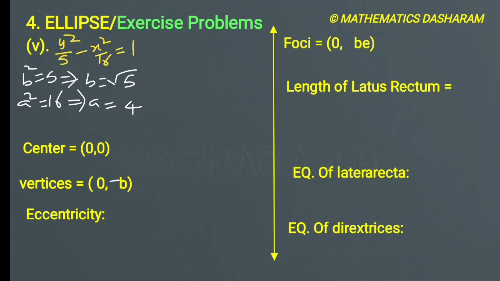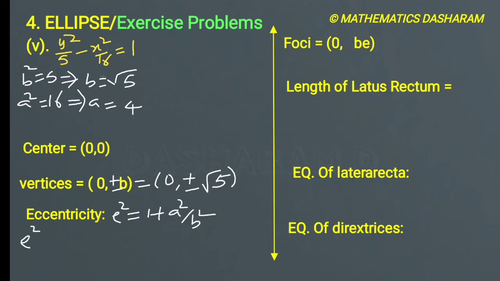Next, vertices plus or minus 0 comma b, so it equals 0 comma plus or minus b value root 5. Next, eccentricity, e square equals 1 plus a square divided by b square. So e square equals 1 plus a square value 16 and b square value 5. Then its simplification is 21 divided by 5.